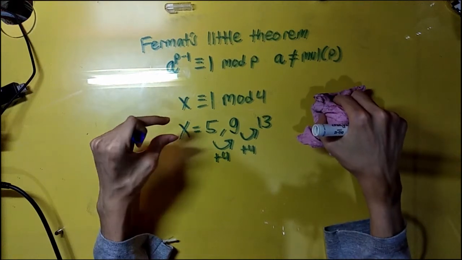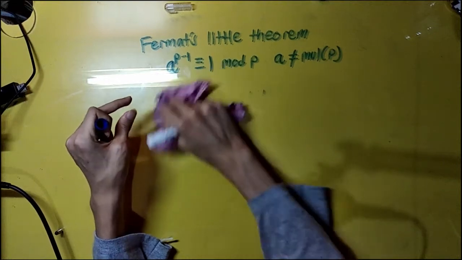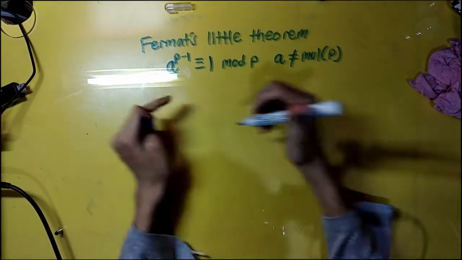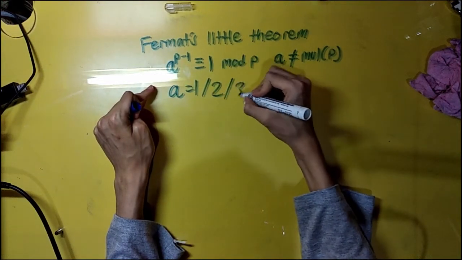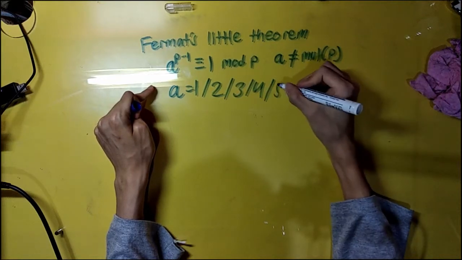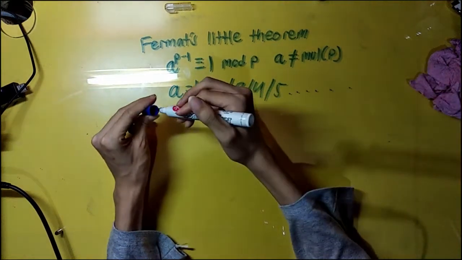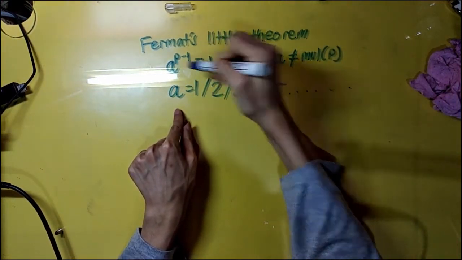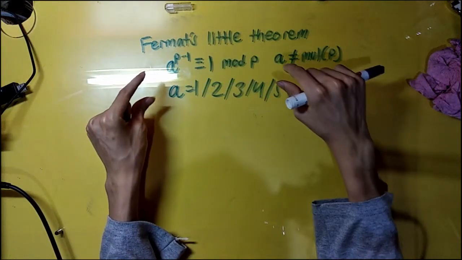So there can be multiple solutions, and this is why the statement at the top has multiple solutions. We can set a as 1 or 2 or 3 or 4, as long as it's not a multiple of p or 5, and it can go on forever, essentially. And if you put 5 in here, if you put 4 in here, if you put 3 in here, it's all going to be true.